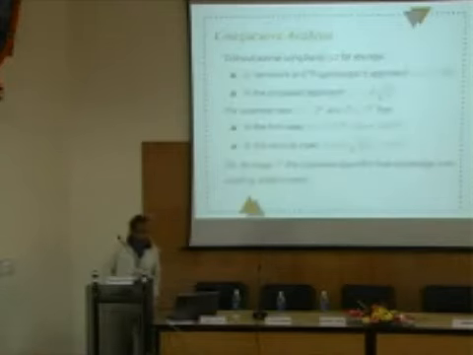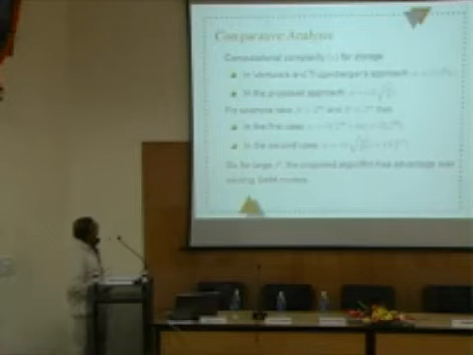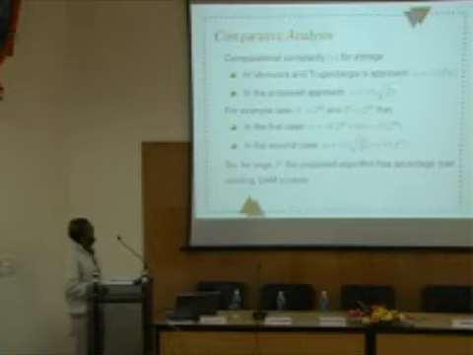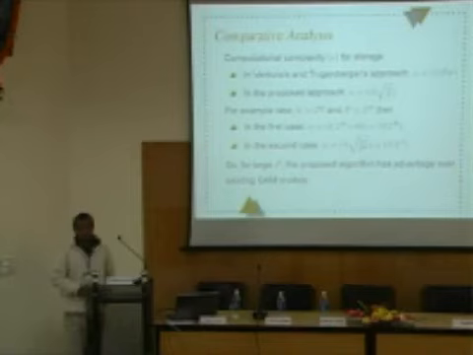So, if you look at the comparative analysis, in Ventura's and Trugenberger's approach the order is Pn, whereas in the proposed approach it is root over n by p. Here p is the number of patterns and n is the number of bits.